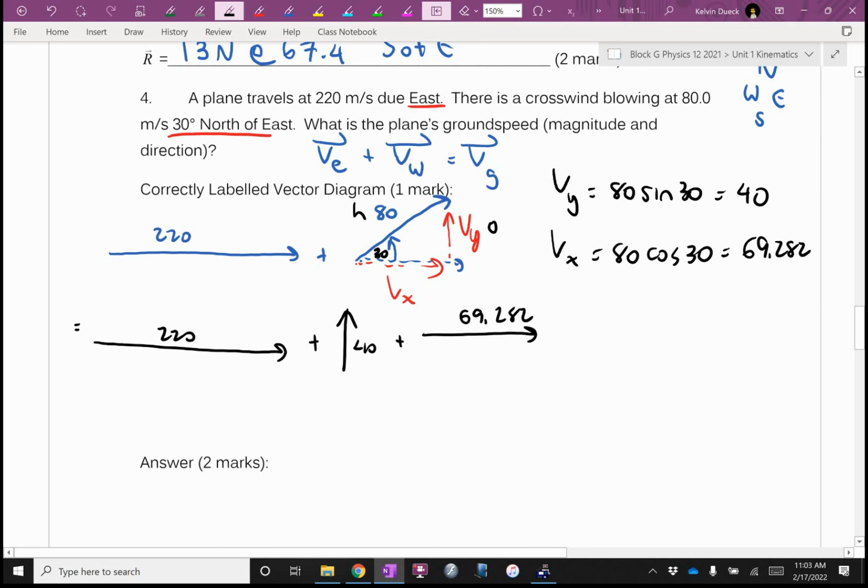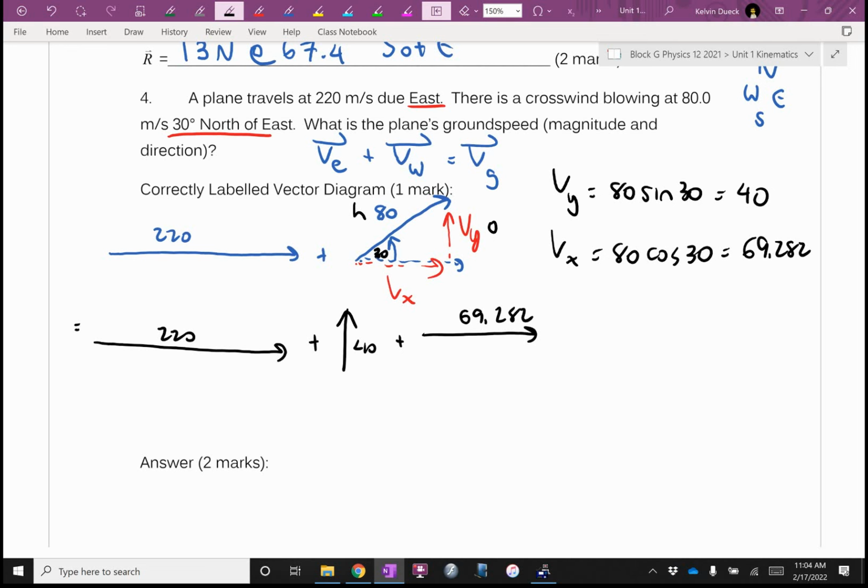How would I add those three vectors together? I wouldn't. You can't. What you can do is add two of them together, get an answer, and then add the third one. Which two would I add together if I was clever? Yeah, the ones that are in the same plane. Okay?